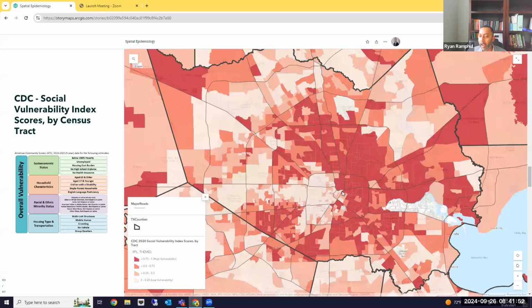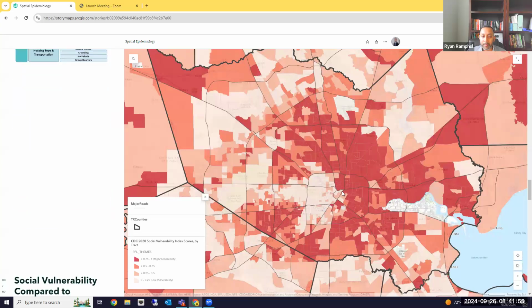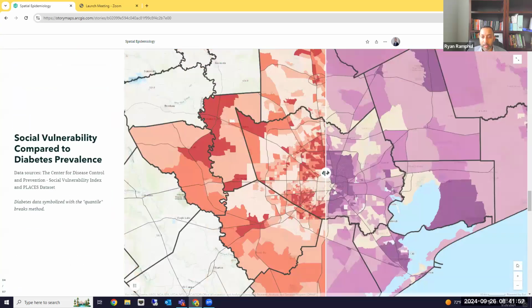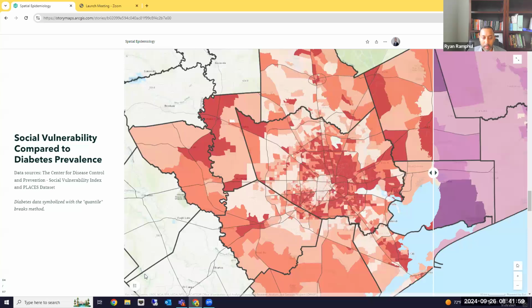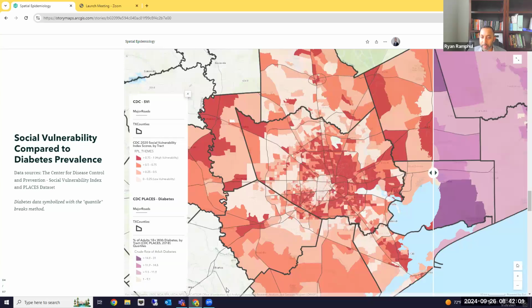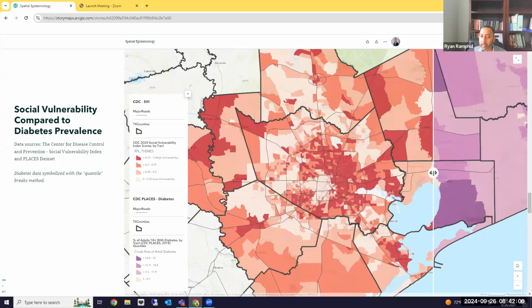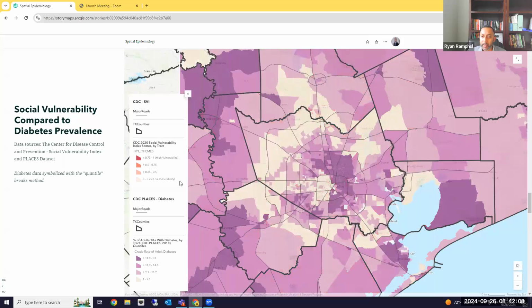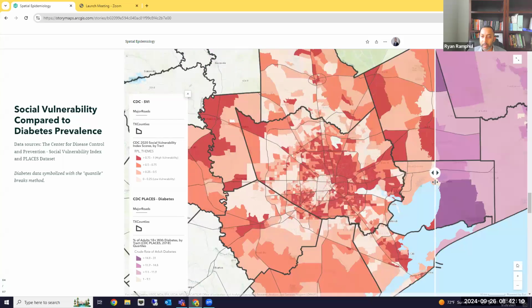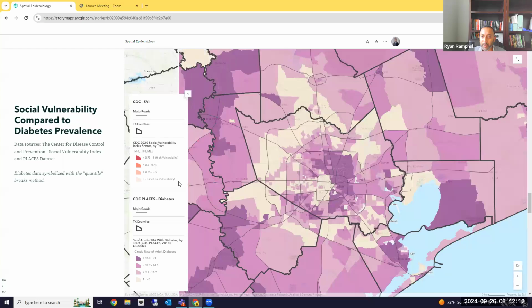So let's take a look at how this arrow affects health outcomes. On the left, you have the choropleth map of social vulnerability that I've been showing you, right? And on the right, you have estimated prevalence of diabetes. So take a look at that. High vulnerability, high diabetes rate.